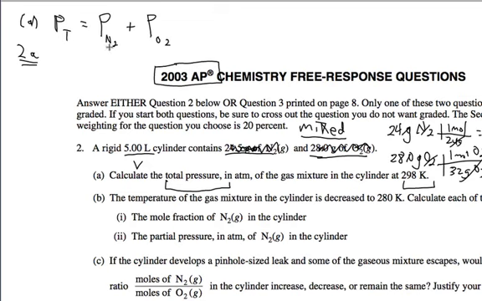Now what we want to do is do an individual PV = nRT for each. So if we rearrange that, P equals nRT over V. We're going to do that for each.